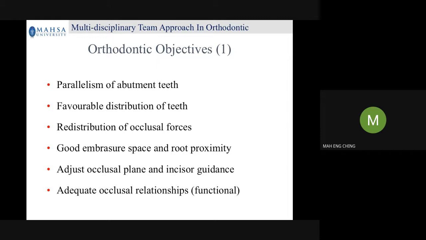You all know the incisor guidance is very important when you grind your jaw forward. So braces can adjust the incisor guidance and even the occlusal plane. Then an adequate functional occlusal relationship. If the teeth are tilted or crooked and have spaces, sometimes the occlusal force is not equal on every single tooth. So you can align the teeth and get a better occlusion.